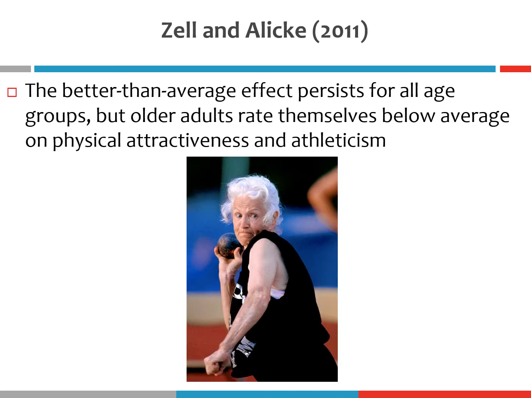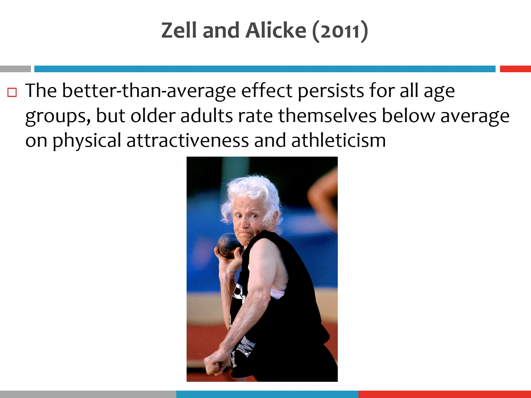So kind of an interesting caveat for this better than average effect is that in general, people think that they are better than their average peers. But in one particular study, researchers wanted to see if that remains true at any age. So what they did is they separated their participants by age, creating three groups.